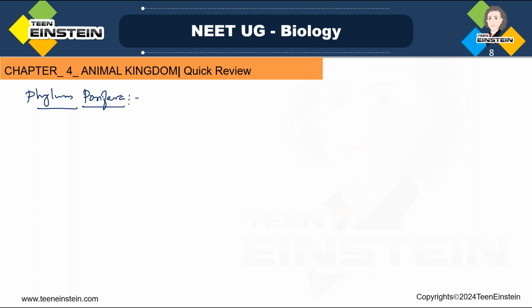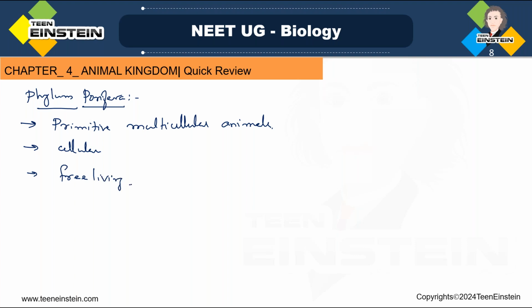Salient features of phylum Porifera: it consists of primitive multicellular animals, and they have cellular grade of organization, and they are free living, mostly marine, either colonial or solitary.